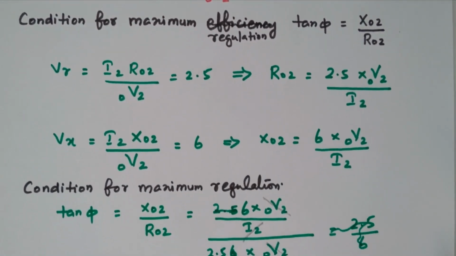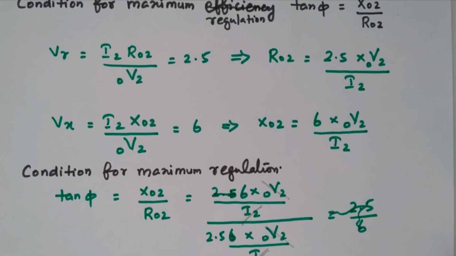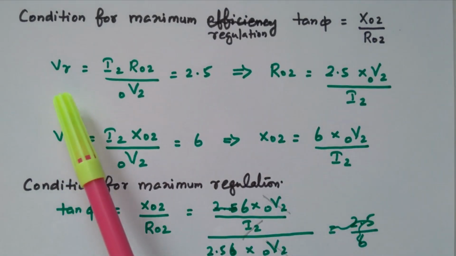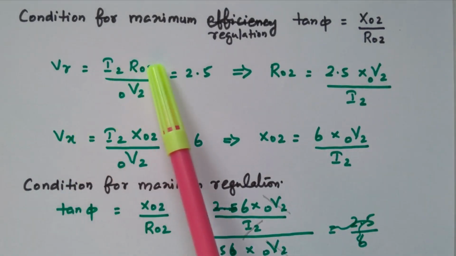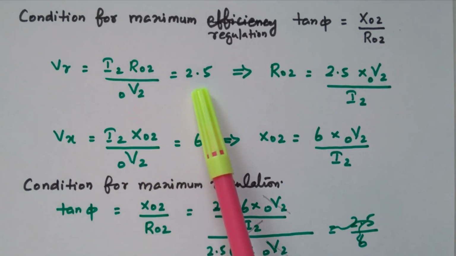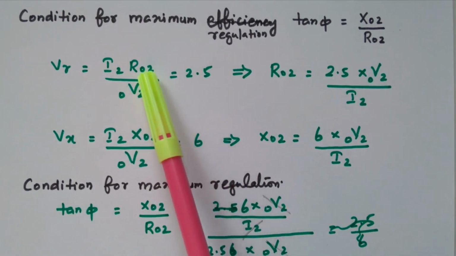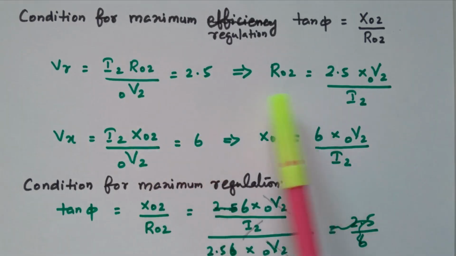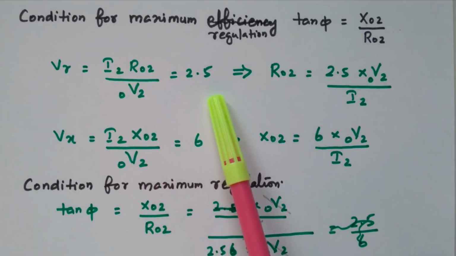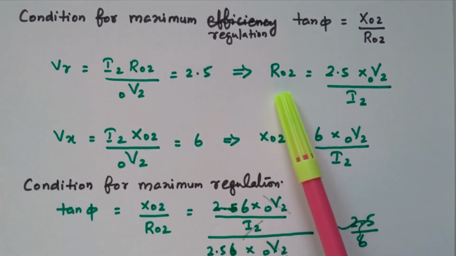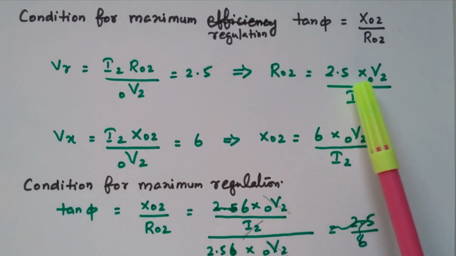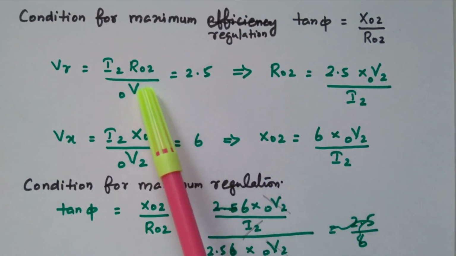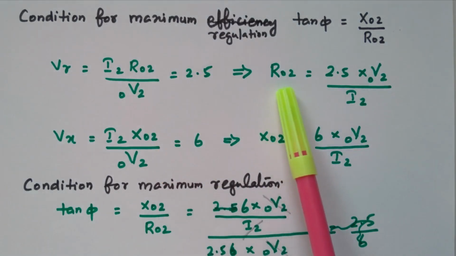So first we will find X02 and R02. VR is given as I2 R02 divided by no load secondary voltage, that is 2.5. From that, R02 equal to 2.5 into no load secondary voltage divided by I2, so this equation is rearranged to find the R02 value.